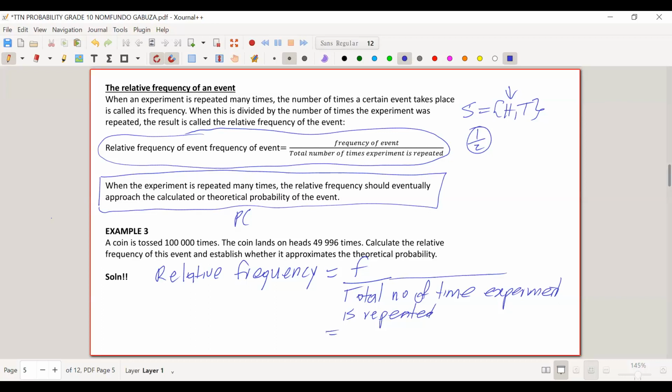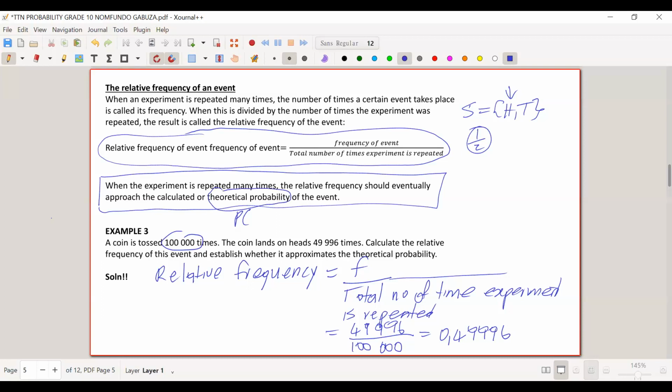So we're going to take our frequency. We've been given the frequency, so it's going to be 49,996 over the total number of times, which is 100,000. This is going to give us 0.49996. So let's calculate the theoretical. What about the theoretical probability?